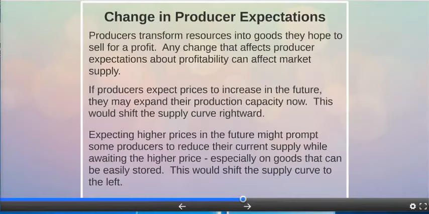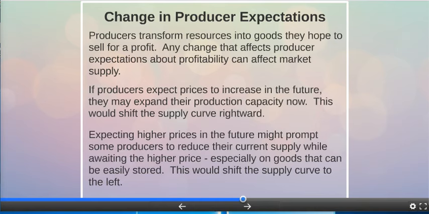Change in producer expectations. Producers transform resources into goods they hope to sell for a profit. Any change that affects producer expectations about profitability can affect market supply. For example, if pizza makers expect the prices to increase in the future, some may expand their production capacity now.